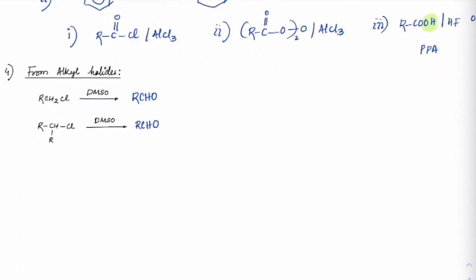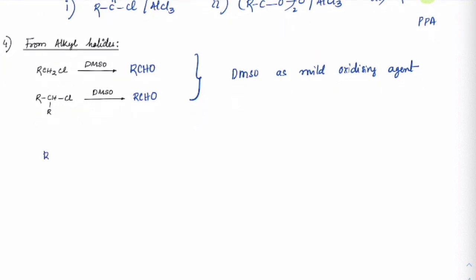So I can regard DMSO as a mild oxidizing agent. Let me show you the mechanism. If you take RCH2Cl and treat that with DMSO, this is DMSO, okay?